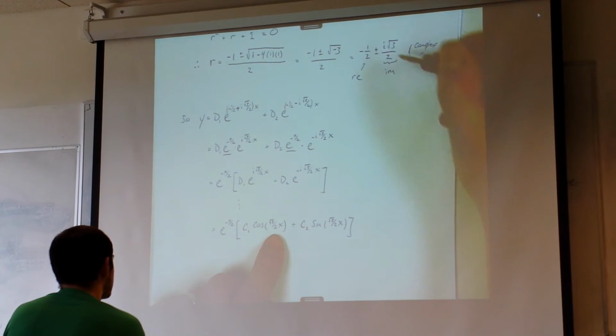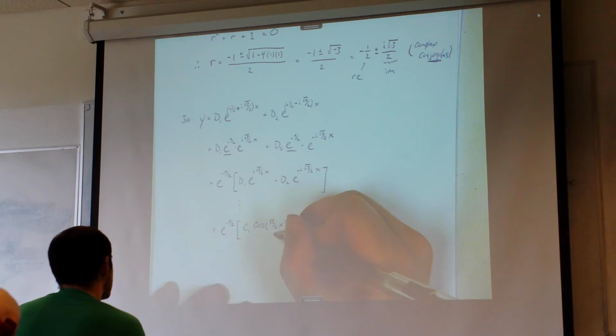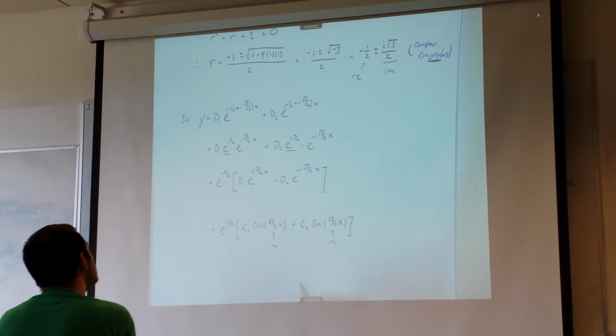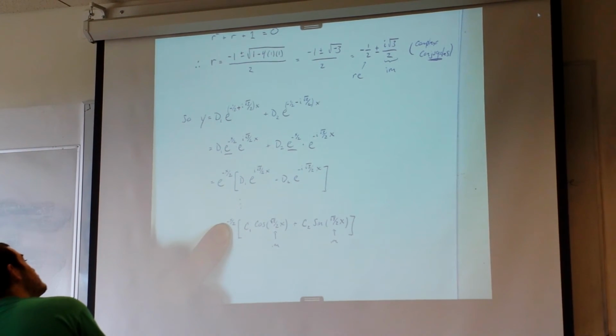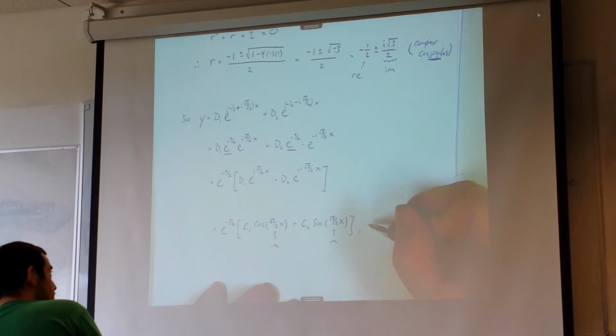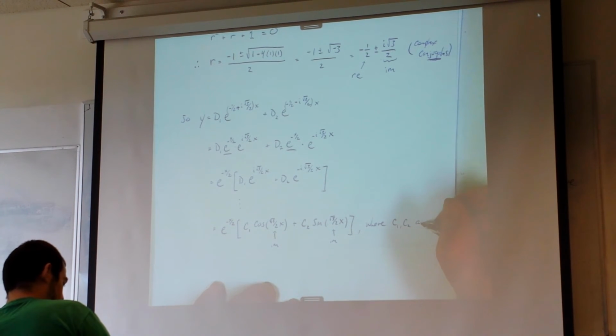Plus cosine root 3 over 2x plus sine root 3 over 2x. So these guys are your imaginary part. And the negative 1/2 is the real part. Okay. Oh, and I should mention formally where C1 and C2 will be real coefficients.